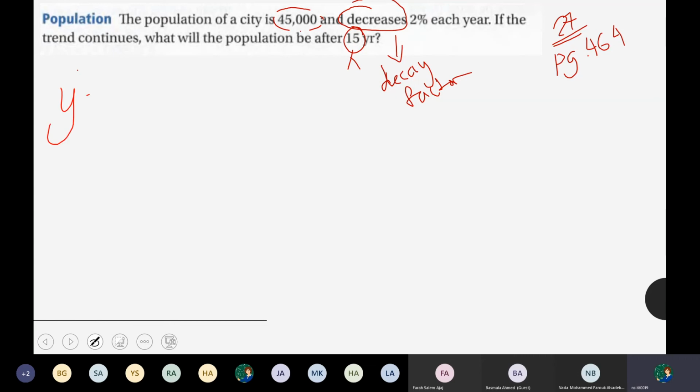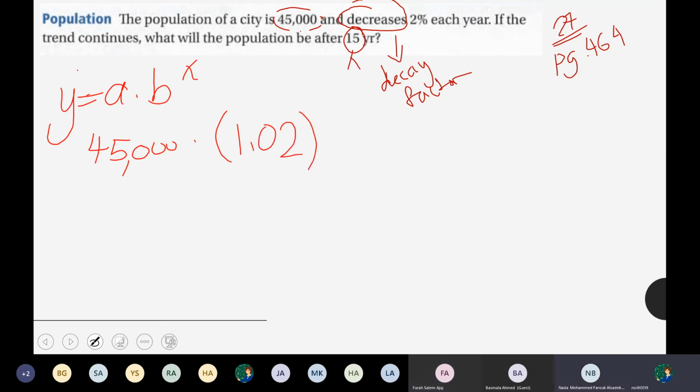So Y is equal to A times B raised to X. A is 45,000. B, where's B? I found it before. It is 0.98. Raised to X, this is after X number of years. After 15 years.